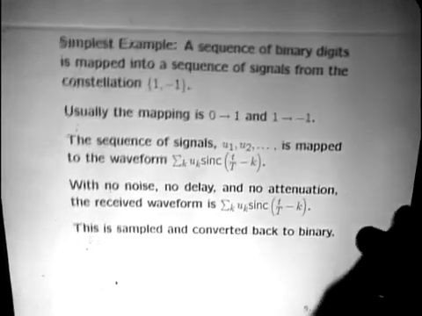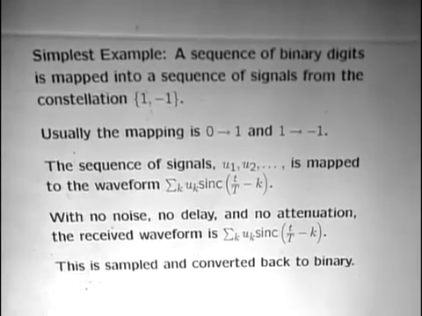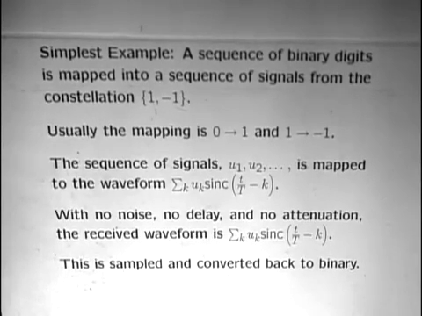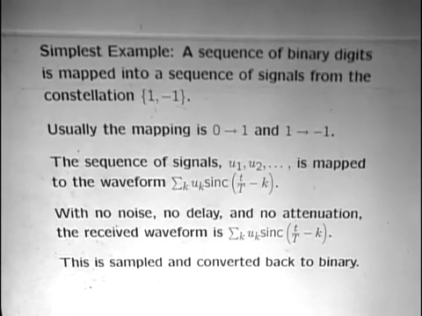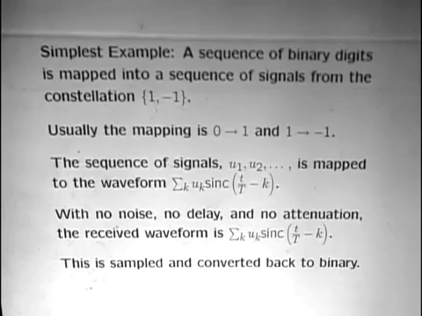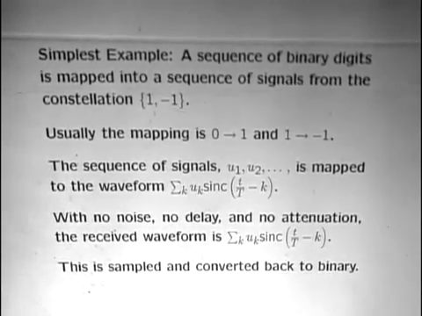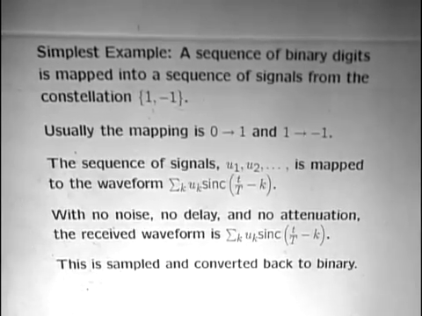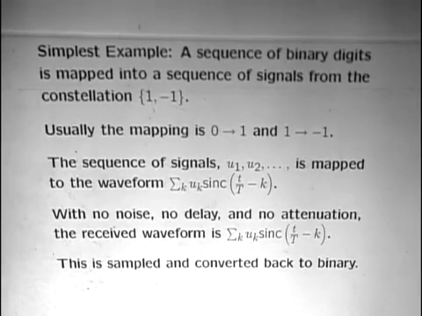Okay, so the simplest example of all of this, so simple that it almost looks silly, is to map a sequence of binary digits into a sequence of signals from the constellation 1 and -1. All you're doing there is mapping 0 into 1 and mapping 1 into -1. Why do you do it this way, which is a little confusing, mapping 0 into 1 instead of mapping 1 into 1?